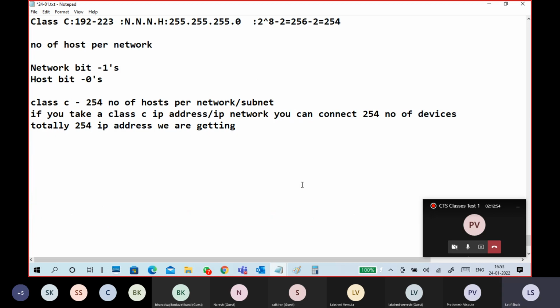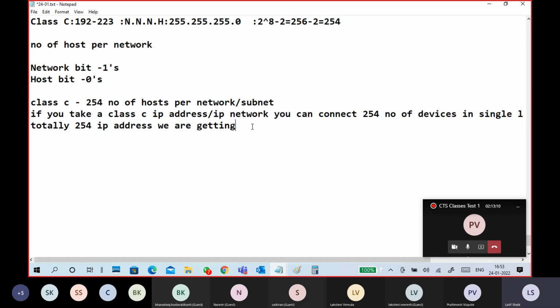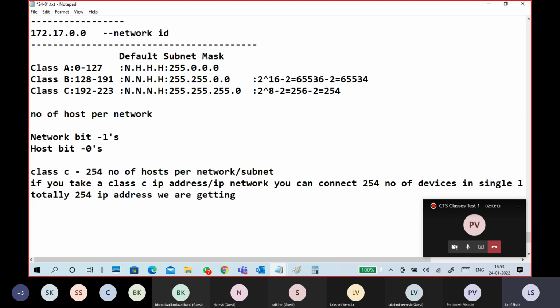There are different names and different ways of explanation, so whichever statement is easy to understand, take that one. In class B you get 65,534 host IP addresses in a single logical network.